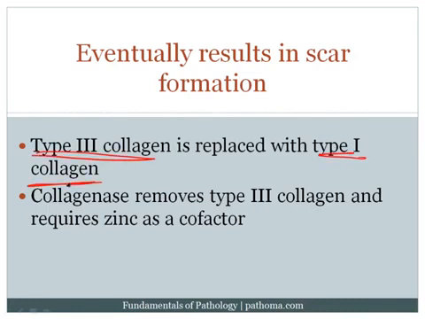Maybe this is a good point to take a step back and remind ourselves of collagen and its different subtypes. So I'm going to clear out the board here and give you a whiteboard. Can you remember a few important points of collagen? Number one, one important collagen is type 1 collagen. And you remember what type 1 collagen is seen in? It's seen in bone.